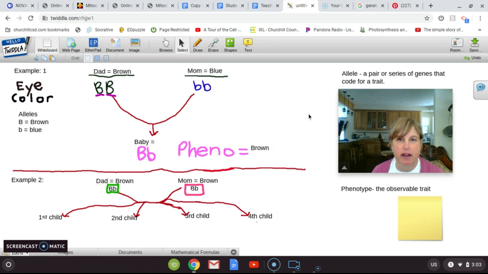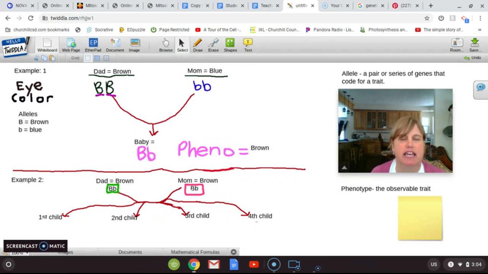So we have a brown-eyed baby that came from a brown-eyed dad and a brown-eyed mom, but he's actually a carrier of blue. Because he has that lowercase b gene in him, it's not showing because he's showing brown, but he is a carrier of a blue-eyed allele. He's carrying it with him.